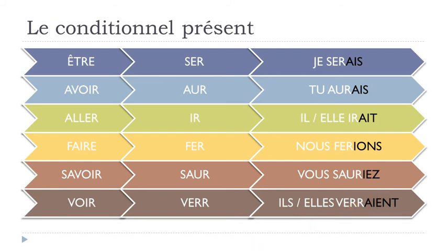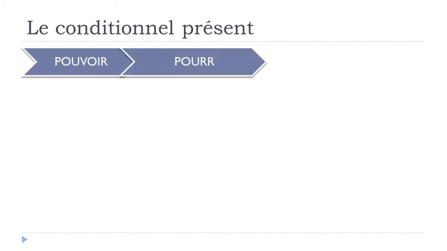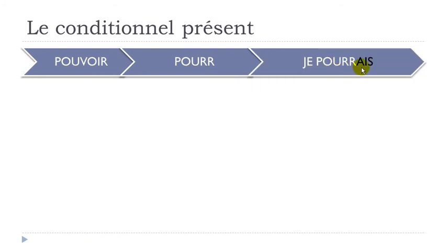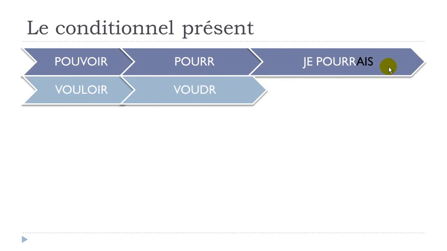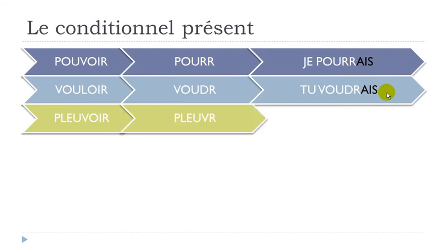All right, so one more list of exceptions. Pouvoir will become pourr. Je pourrais. Vouloir will become voudr. Tu voudrais. Pleuvoir will become pleuvr.